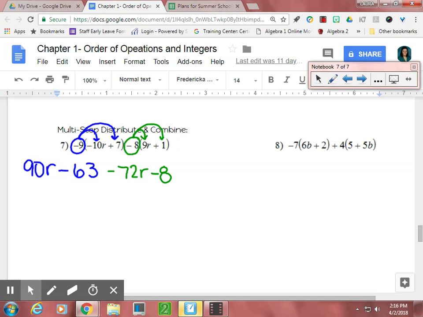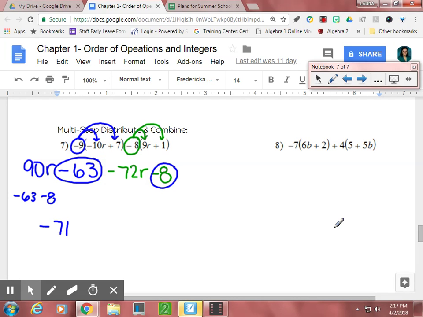So now is where we look and see, okay, where are my numbers and where are my letters? So number, number. Those are going to go together. So I have negative 63 and negative 8. Okay, so think about it. You have negative 63 and then negative 8 more. So you're going 8 higher than that. So it's negative 71.